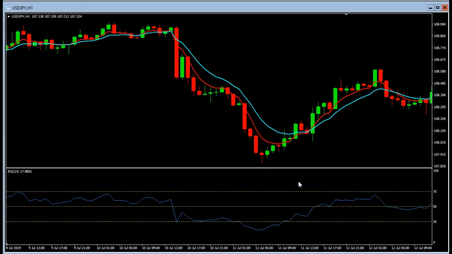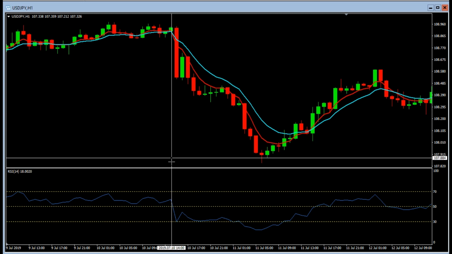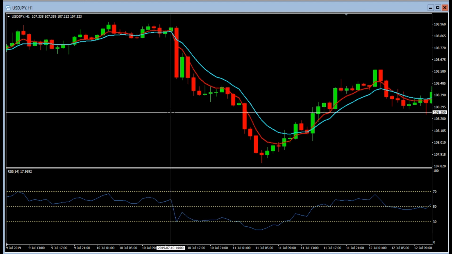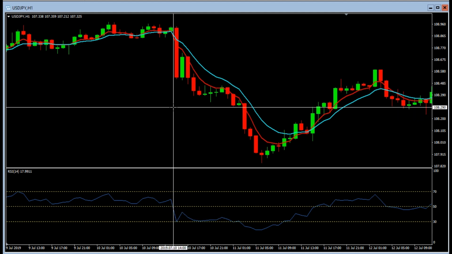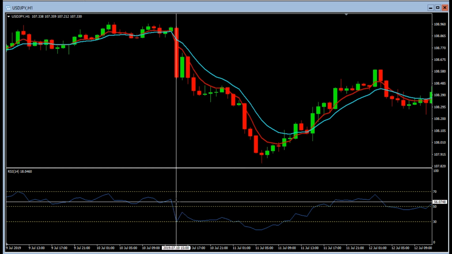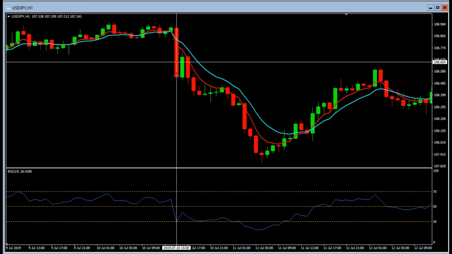Here we have the RSI. In the second part, we use the RSI in combination with the moving average crossovers. If you watch the second part, you will understand how we use them.